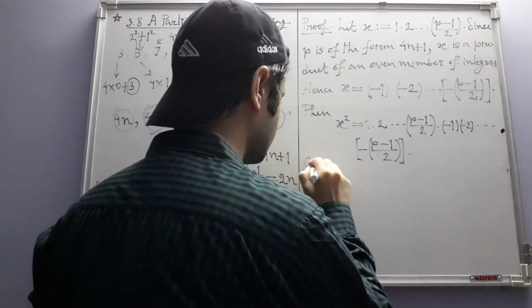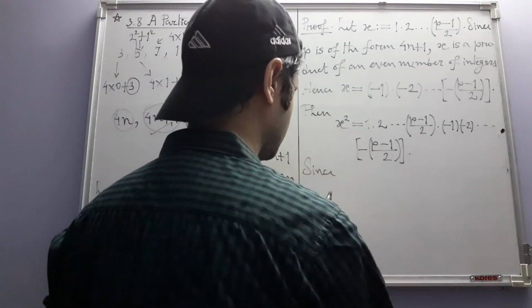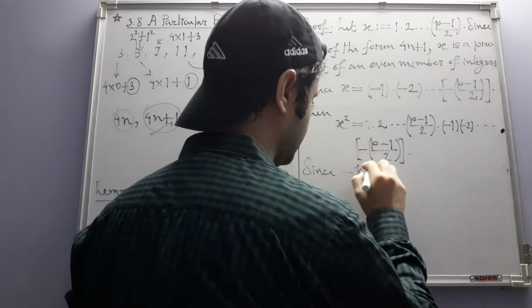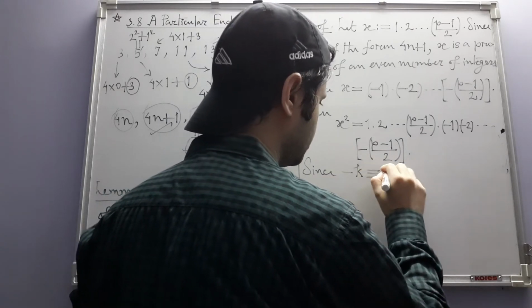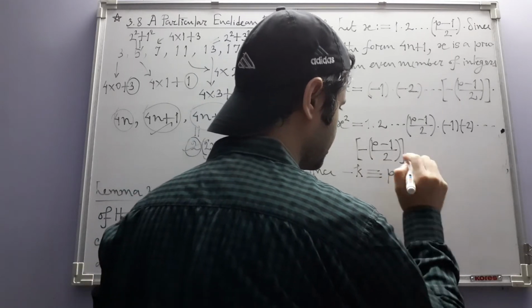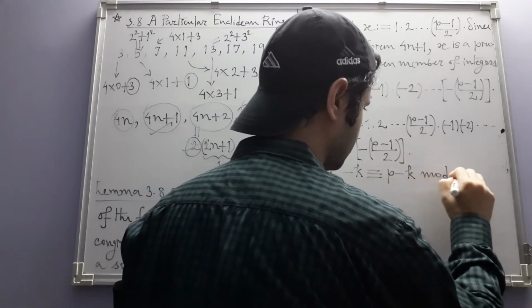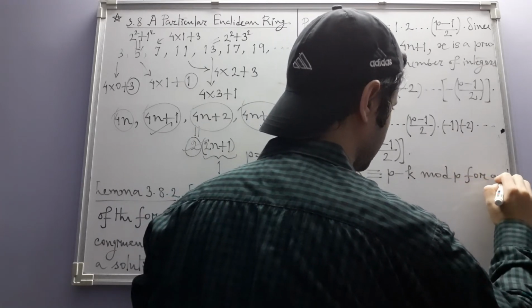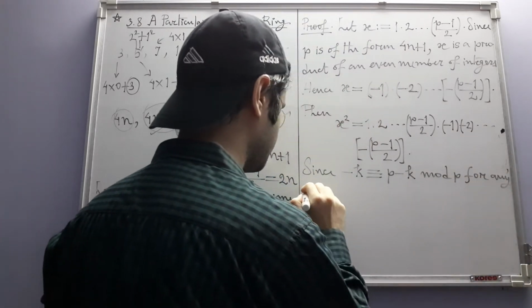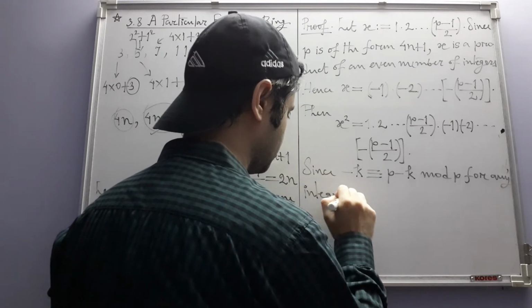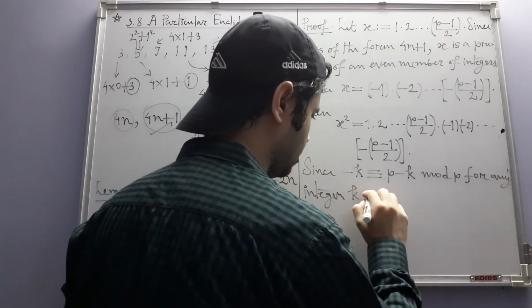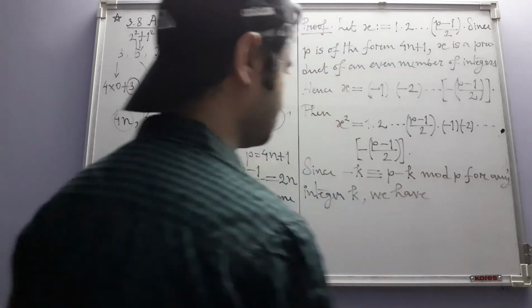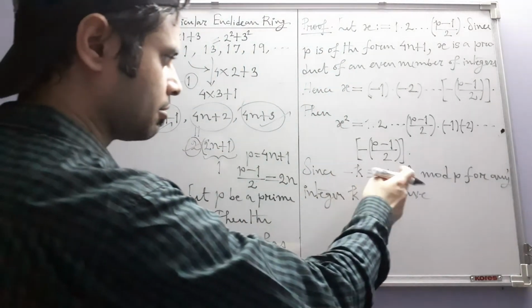Since minus k is congruent to p minus k mod p for any integer k, this is easy to see.